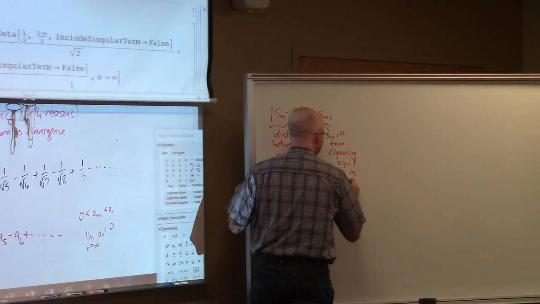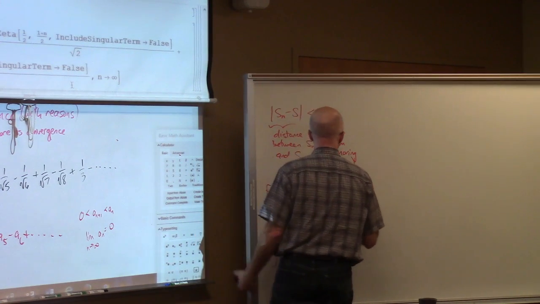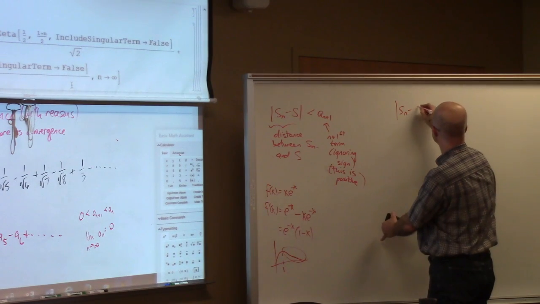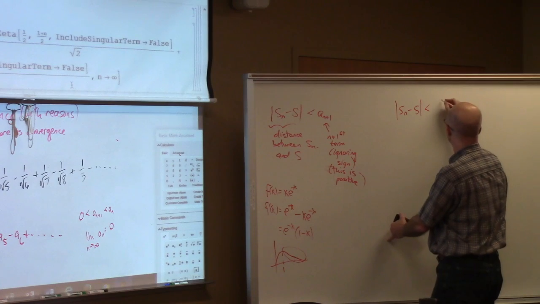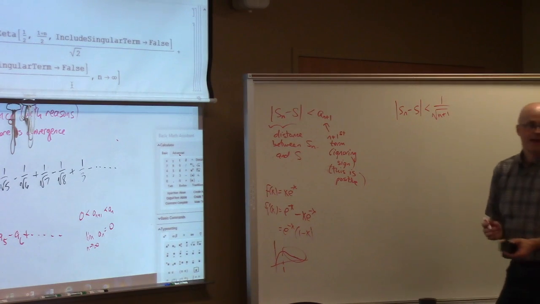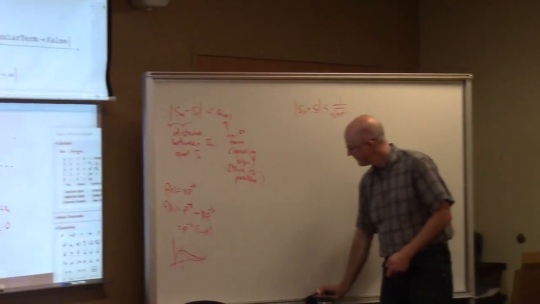So for our example, this can be simplified to: the distance between Sn and S is less than 1 over square root of n plus 1. And this is actually a pretty useful thing.